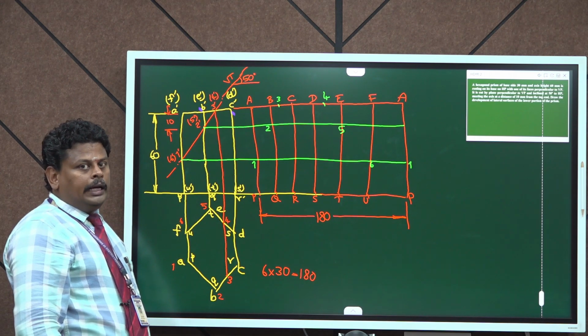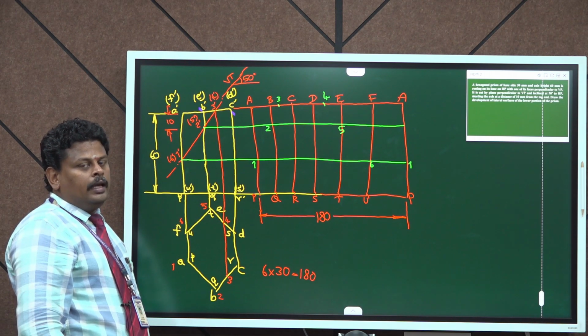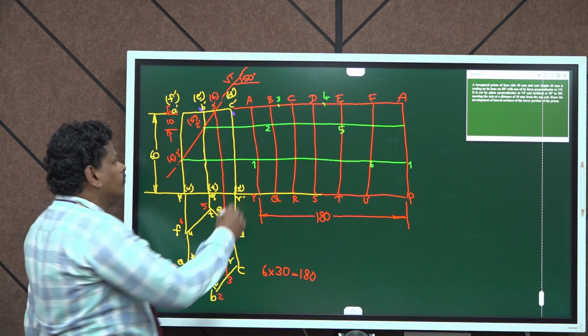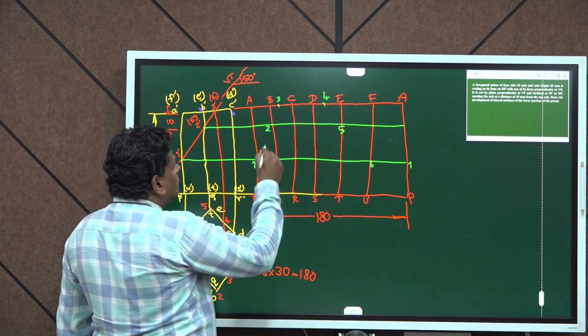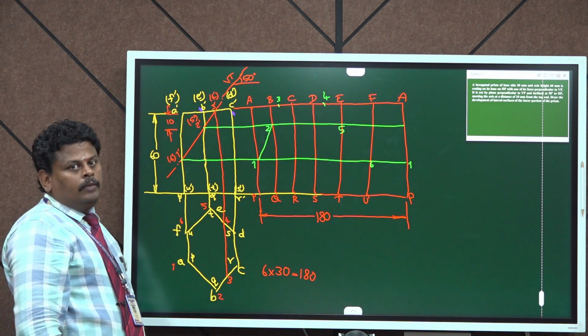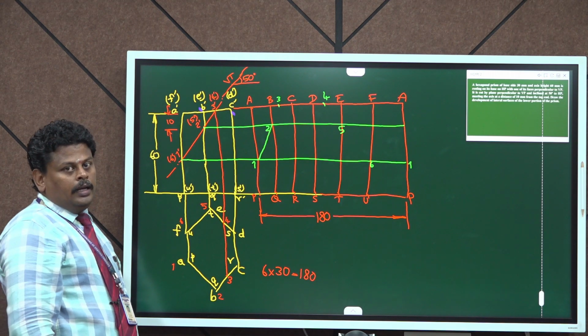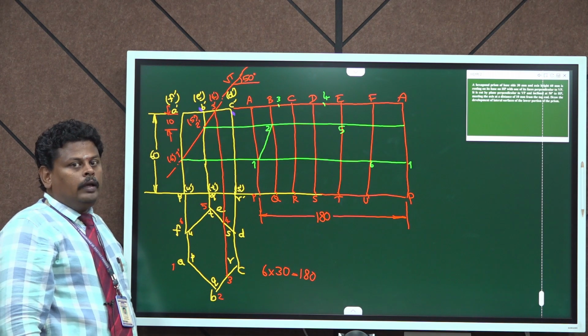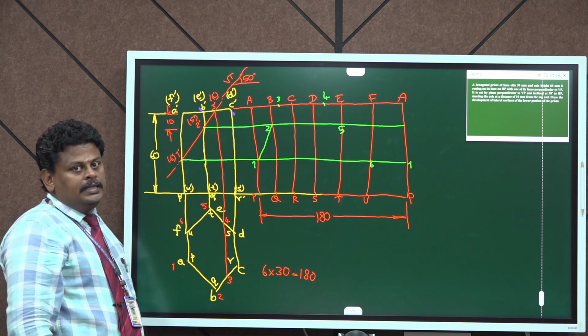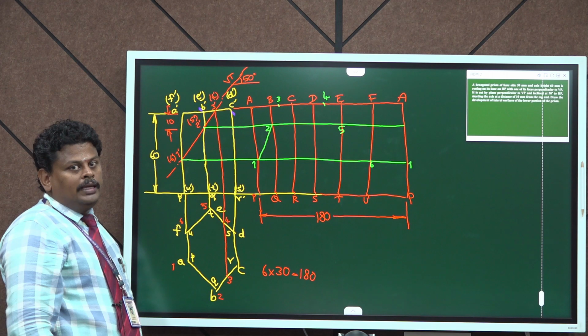Now we can join all the 6 points in order to complete the development of this hexagonal prism. We need to join this by using a scale, because this is a hexagonal prism. It is not a cylinder or cone, in order to join it with curved edges. So this must be joined by straight lines.